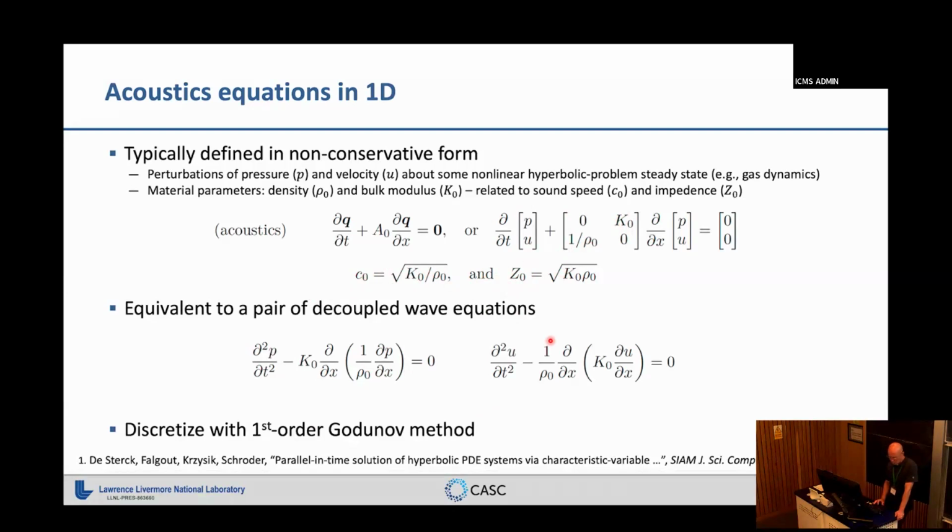So by solving this, we're effectively solving wave equations. The discretization here is going to be first order Godunov. And if you want to see details about this, it just got accepted about a week ago or something. Yeah, the previous one, I forgot to mention, also got accepted like 2 days ago. So they both appear in SISC.